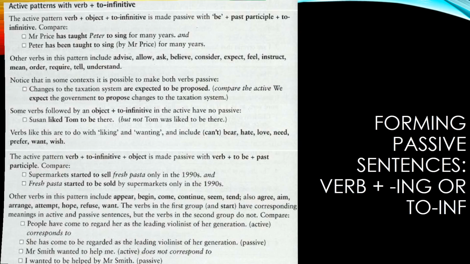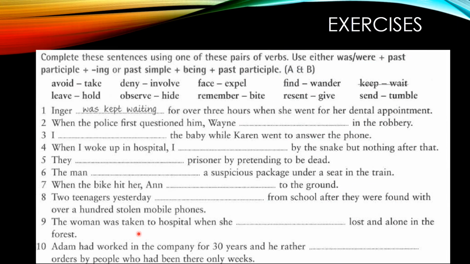Now let's move on. In this exercise, you have to complete these sentences using one of these pairs of verbs. Use either was plus were plus past participle ing or past simple plus being plus past participle.